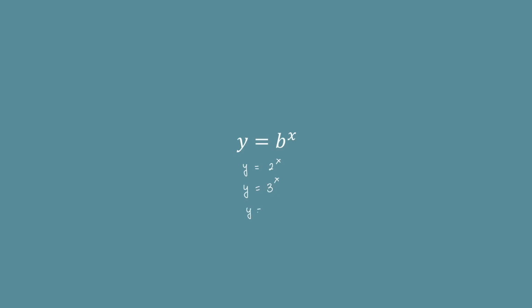Or b could be equal to 1/2, so I can have y equals 1/2 to the x. But can b be -2 or -3? Can b be negative? This is another unknown at the moment, and we will have to come back to this a bit later on. At this particular moment, we don't have enough information.